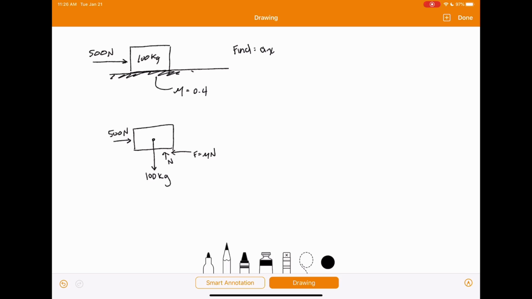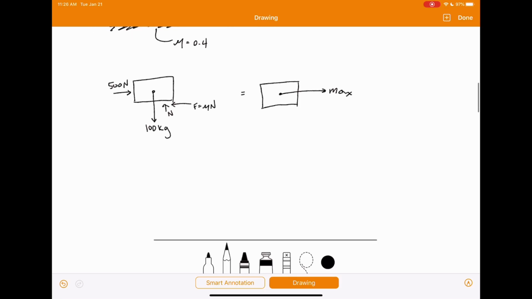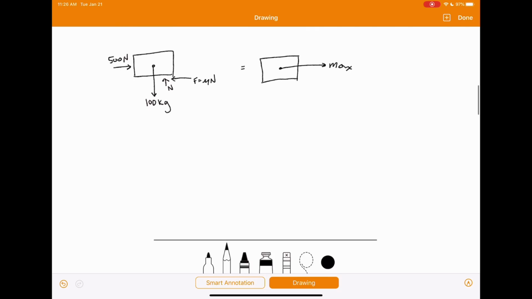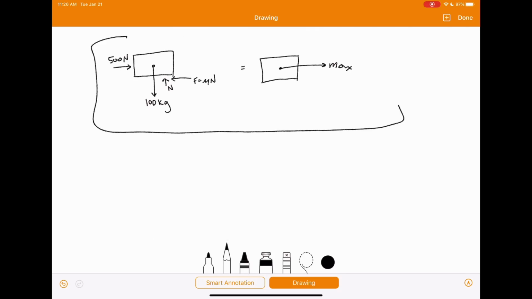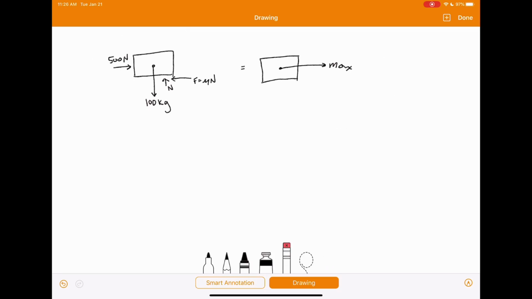Now, all of those forces are going to be equal to mass times acceleration. Now we know that this box will be accelerating to the right, so it's going to be max. All right, and then we can just set up equilibrium equations using the diagrams that we just drew.